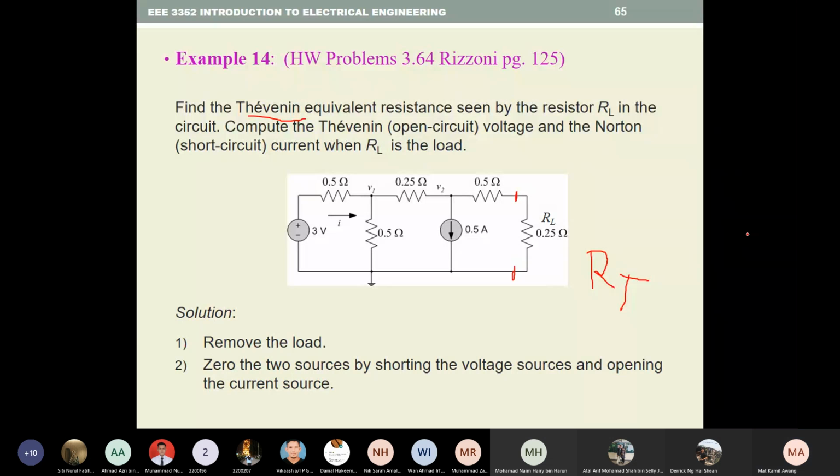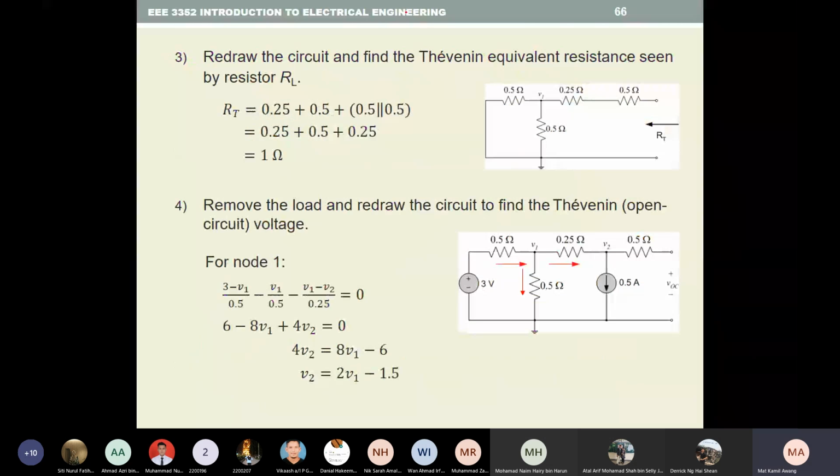Remove the load. Second, you zeroize the source. You short the voltage source and open the current source. So you get this circuit.